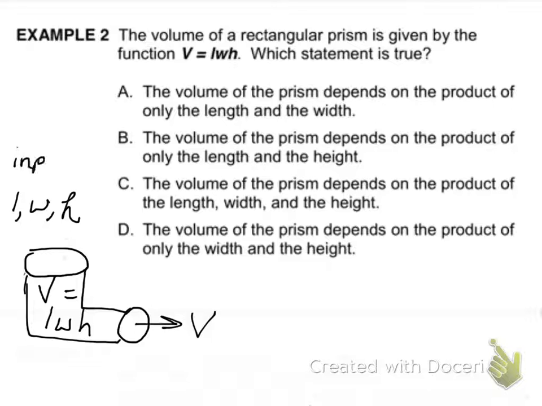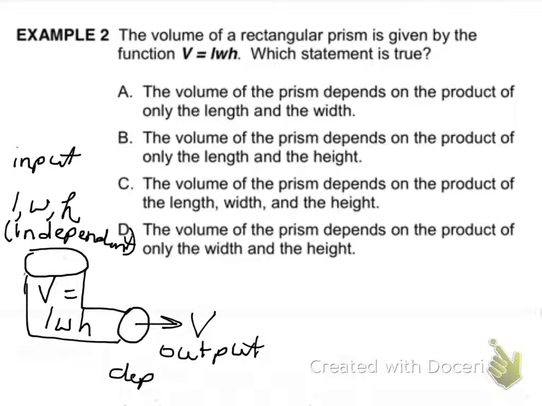So this is your input. This is what you put into the machine, and those are your independent variables. And volume is what you get out of the machine, and that's your dependent variable. Now you may or may not like this little analogy of having this function machine.